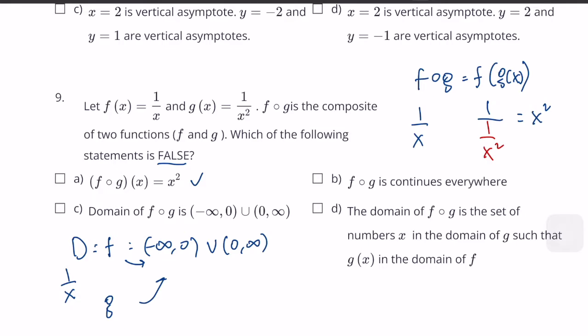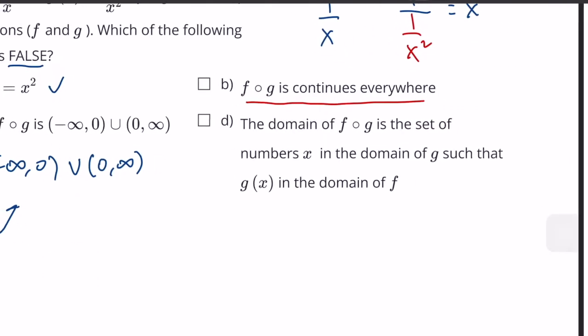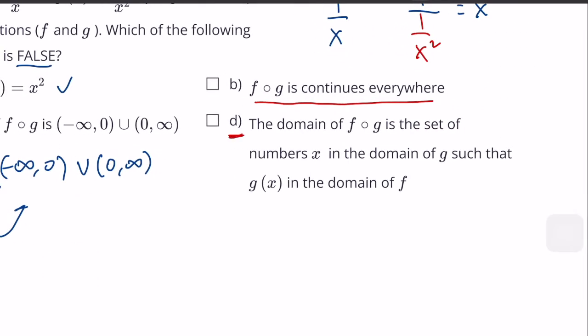And now the question is, number B, is this f of g continuous everywhere? Okay, so in a composite function, what you also need to remember is the point D. This is the statement that defines the answer. Okay, so the domain of f of g is the set of numbers x in the domain of g such that g is in the domain of f.